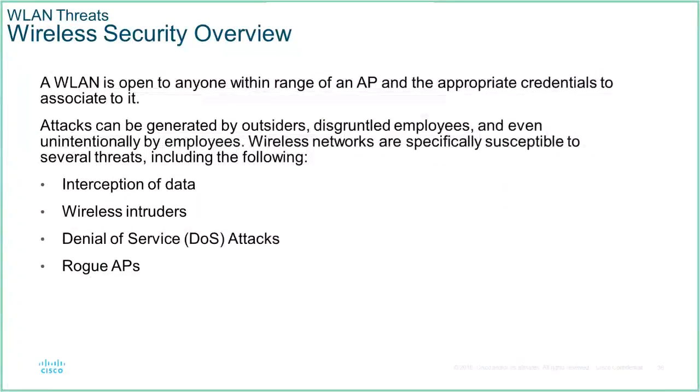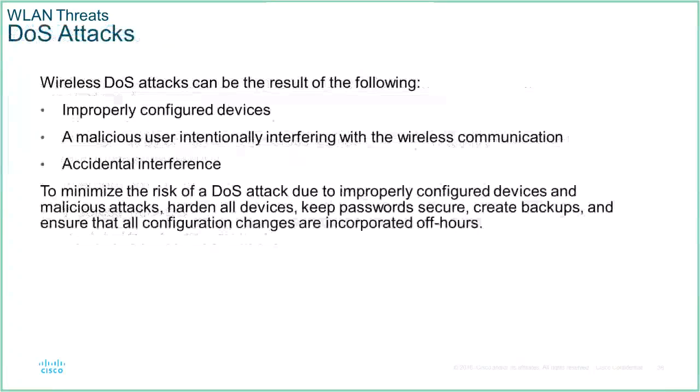You can have denial of service attacks easily with RF jammers, for example, and you can have people plugging in access points without authorization, which is causing all sorts of problems, which is a rogue access point.